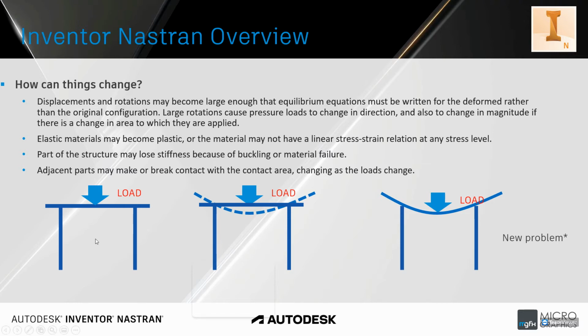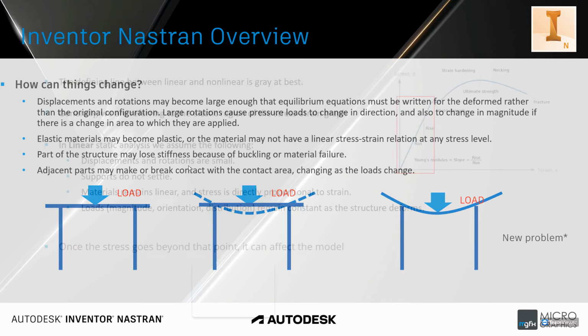Well, before you read all this wall of text, let's take a look at these three diagrams. Suppose you were doing an analysis on the extreme left picture, right? You're applying a load on some sort of design. That horizontal member will deform at some stage.